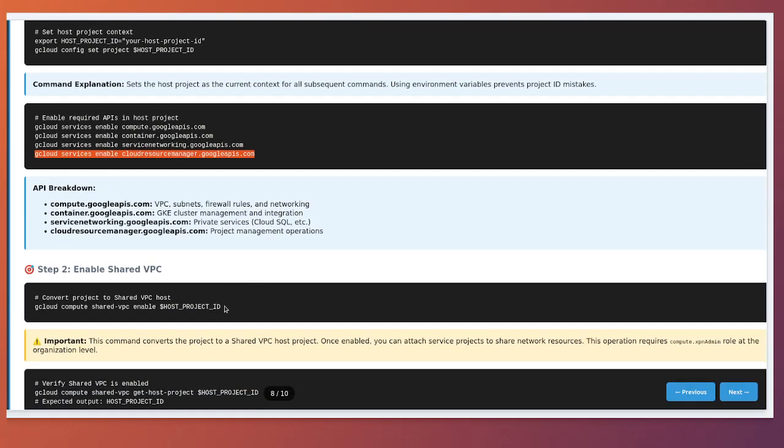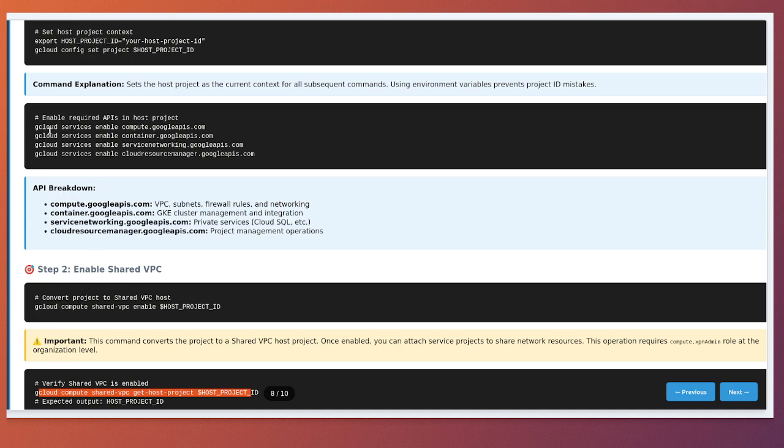The gcloud compute shared-vpc enable command is the key step that converts a regular project into a shared VPC host project. Once you run this command, the project can share its network resources with other projects. Notice how we set the project context first using the gcloud config set project command.